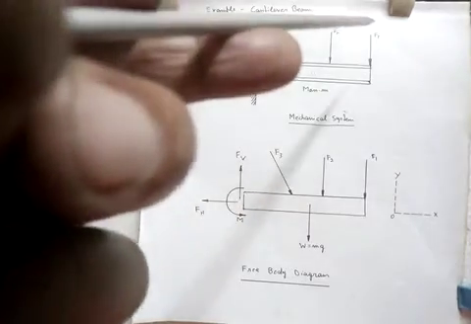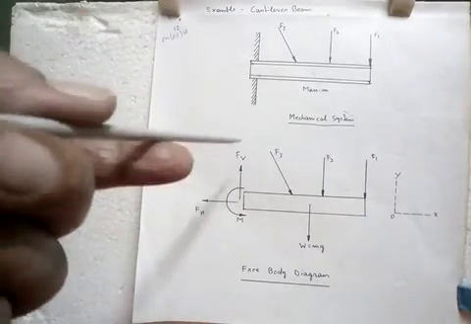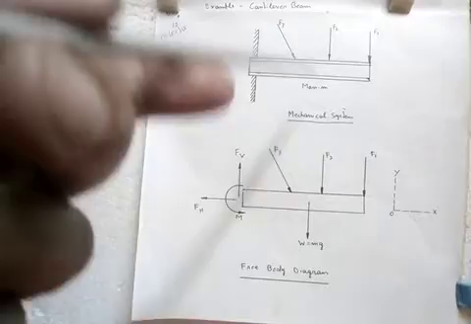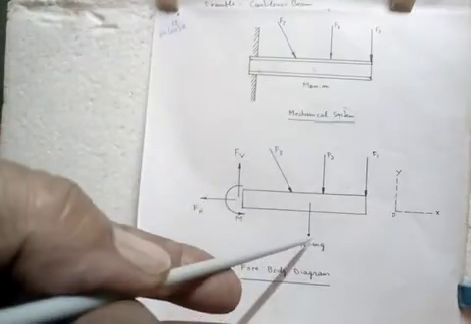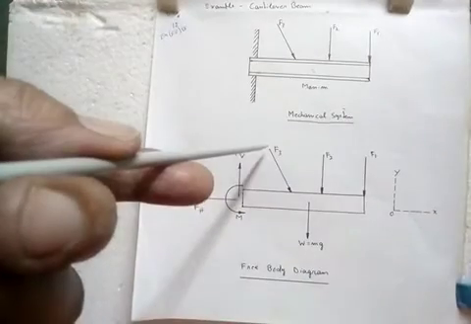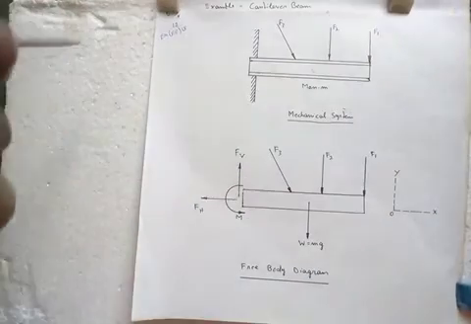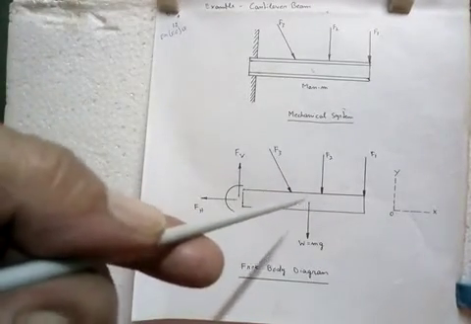That means F1 plus F2 plus W plus the vertical component of F3 is equal to Fv. So the vertical forces are done.